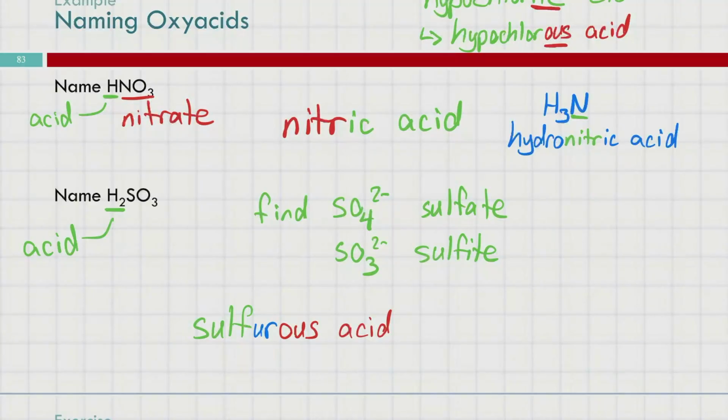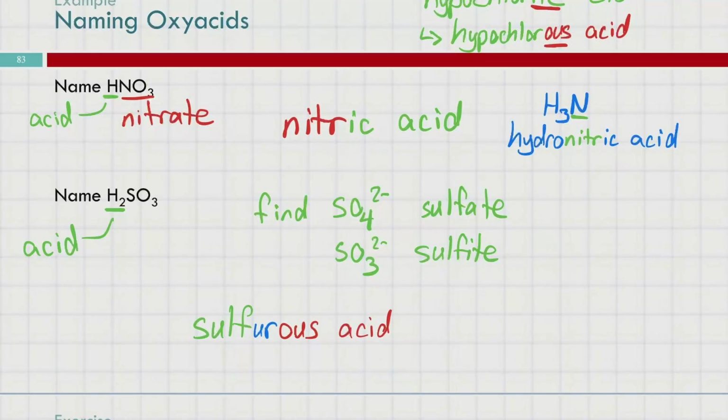If we didn't have that hydro at the front, then our HNO3 would be nitric acid, and our H3N would also be nitric acid. So that's probably part of why we have that hydro prefix that we need to include for our binary acids. Otherwise, you'd get the 2 confused.